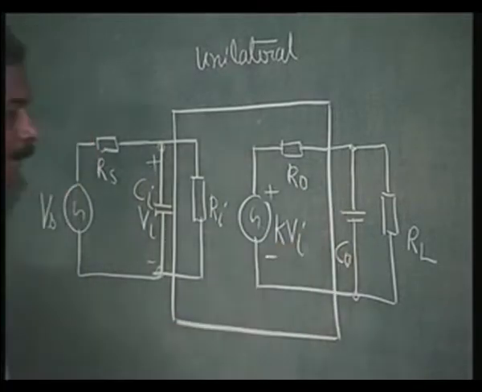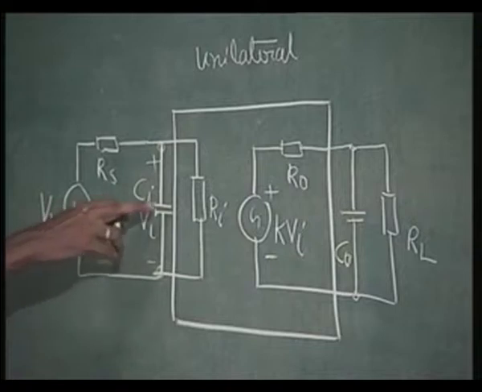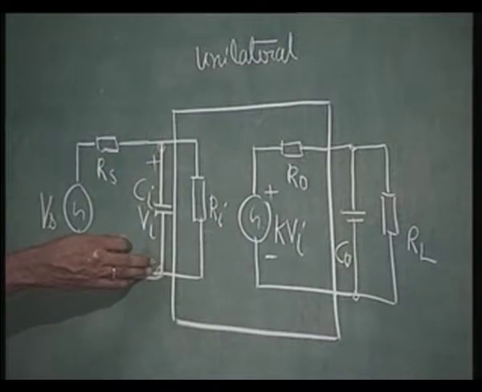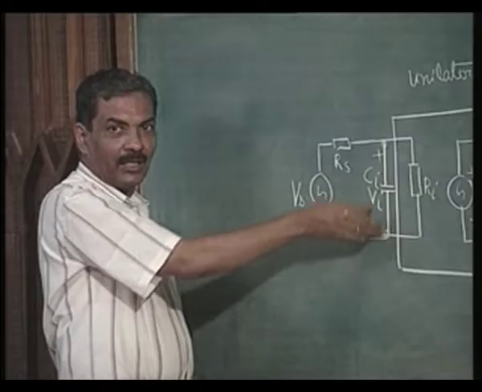So, what does this capacitor do? It becomes fairly simple for us that this capacitance is going to cause Vi to become much less than what it would otherwise have been because of the high frequency effect.